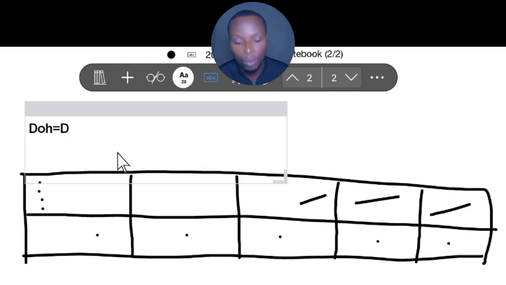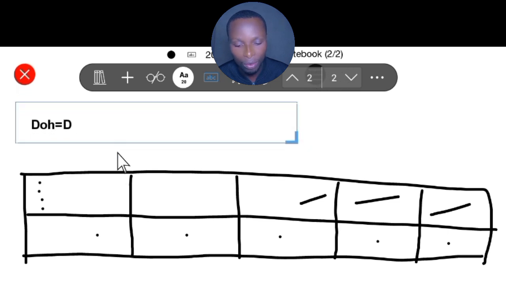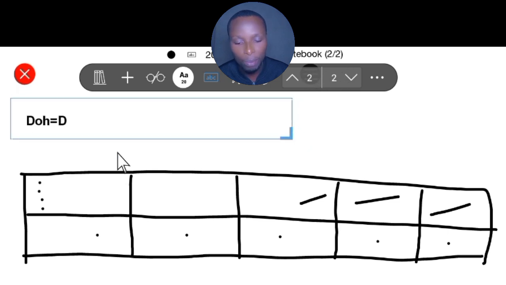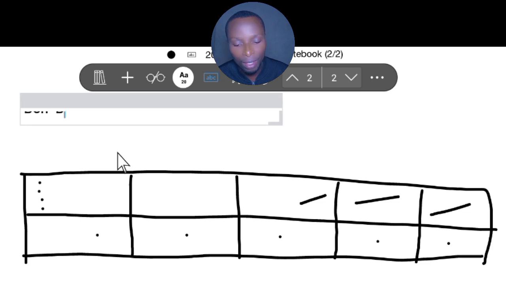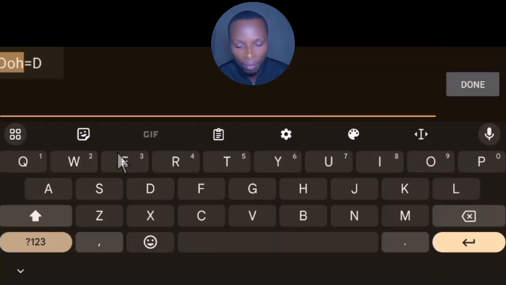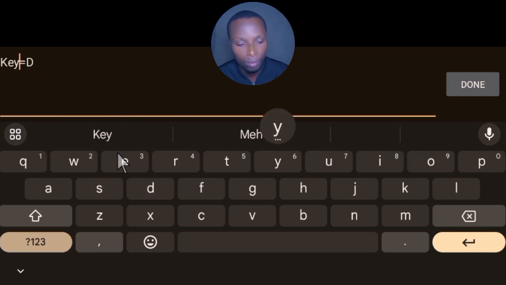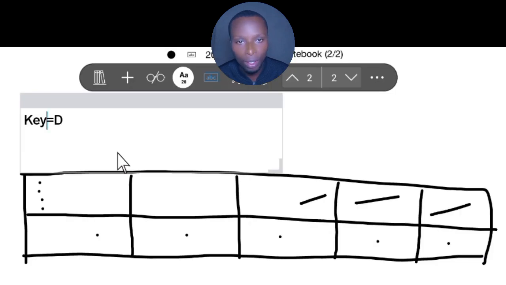Yes, this is what you will see, okay? Do equals D, and they will mount it right here. Most people will write key D like this. Key equals D, right? So that is the key of the song.